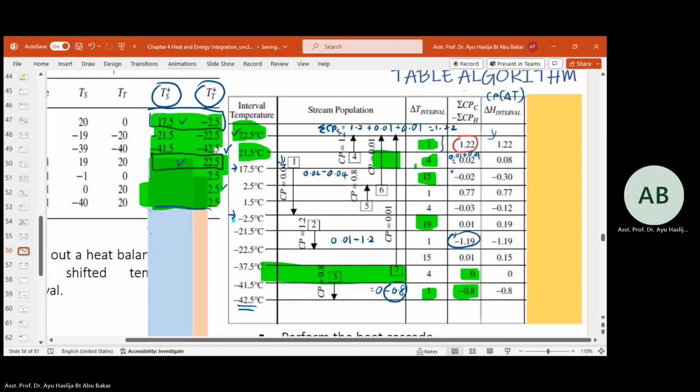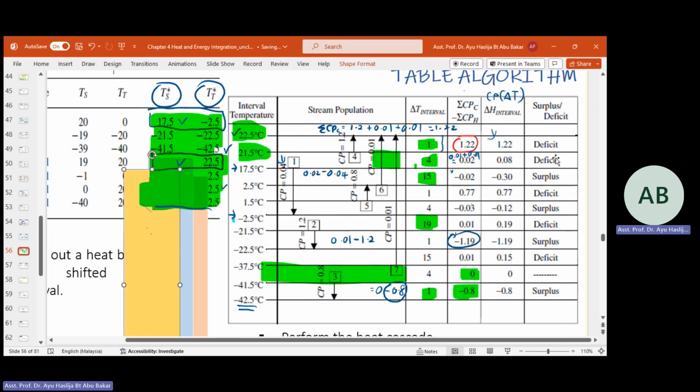Then from there, we categorize the heat as deficit or surplus based on the sign. Negative will be surplus, positive will be deficit. Surplus means you gain heat from that stream.